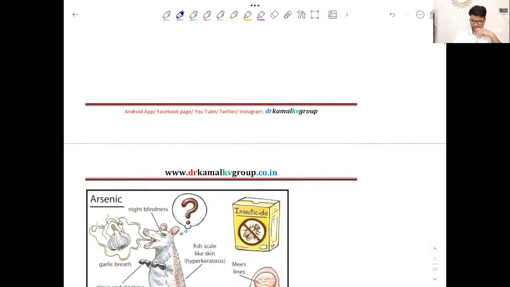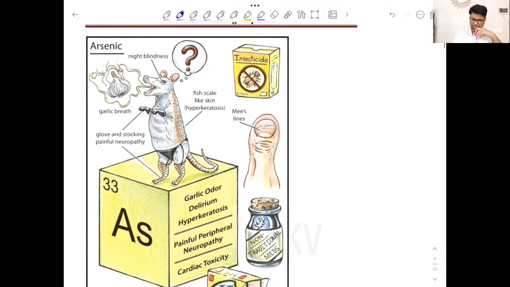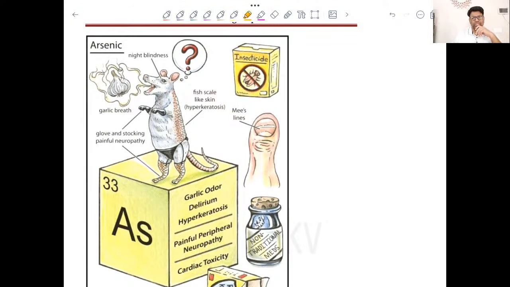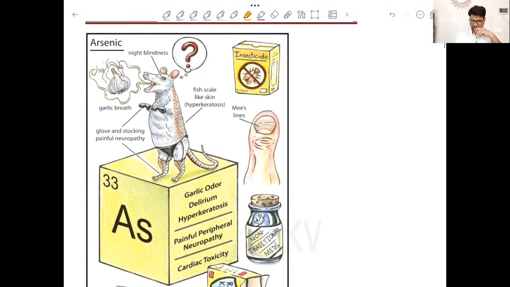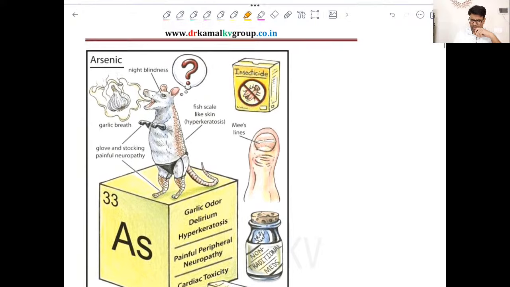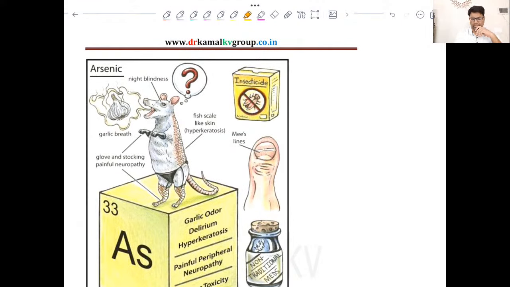So, and just an image to discuss some features. Here, if you look at nails, you will see transverse lines. These are known as Aldrich-Mees lines, right? So these are Aldrich-Mees lines, which are the transverse lines on nails.